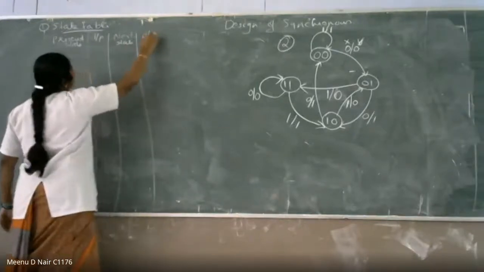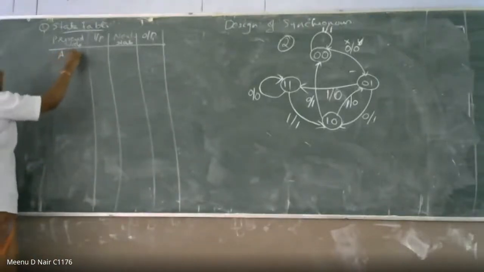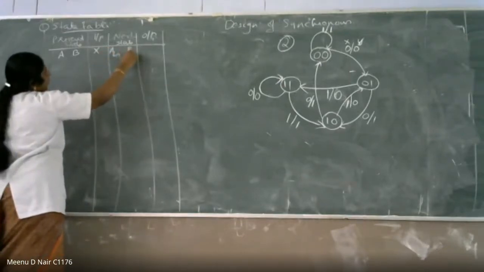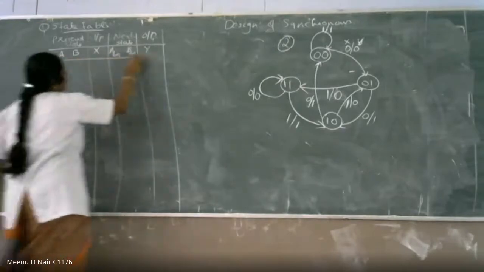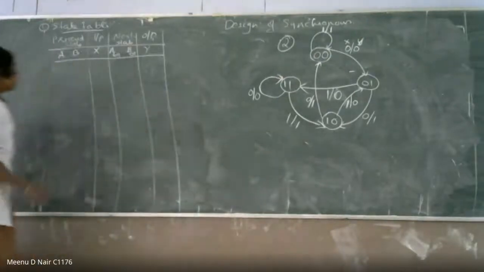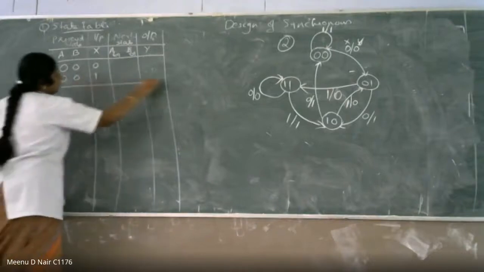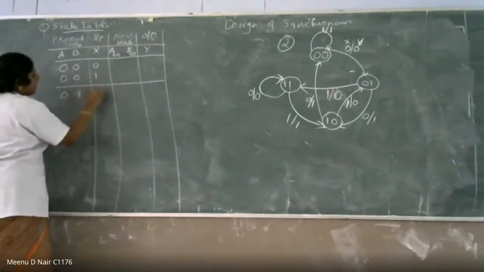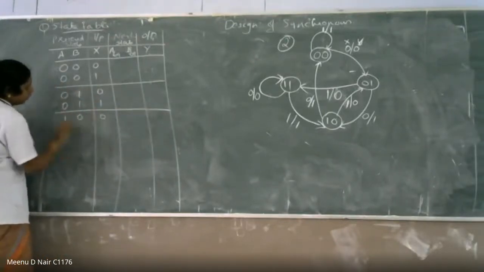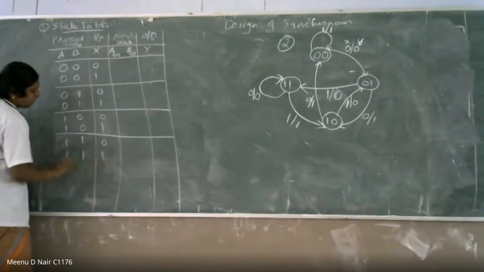The present state we represent as A, D, the input as X, the next state as A(t+1), D(t+1), and the output as Y. Because this is a Mealy, X bar Y format, there will definitely be an output. The possible combinations are 0 0 0 and 0 0 1, then 0 0 0 1 0 0 1 1 for the second combination, then 1 0 0 1 0 1 for the third, then 1 1 0 1 1 1 for the fourth.